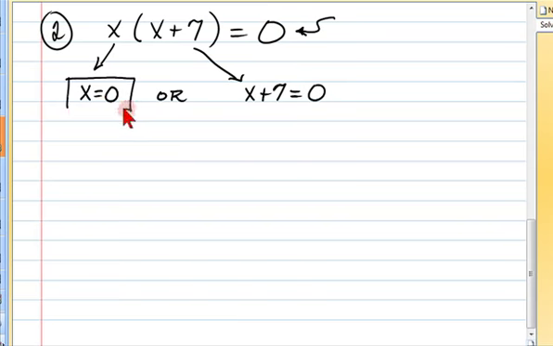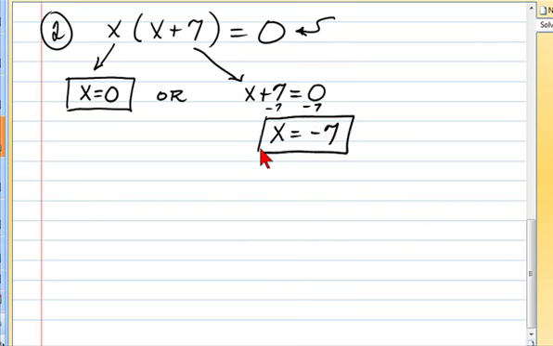That is an answer. What are you going to do to solve this second one? You're going to subtract 7, and at this stage you're probably just thinking, I'll just move the 7 over there and it'll become negative. Whatever you think is fine. X is negative 7. 2 answers.